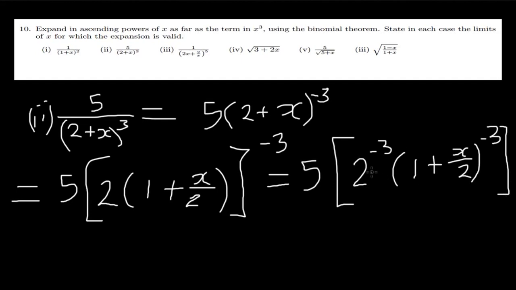Yes, so 2 to the power negative 3, I'm sure you can agree with me, is nothing but, or let me first write this 5 here, 5, and then I'll open the same curly brackets.